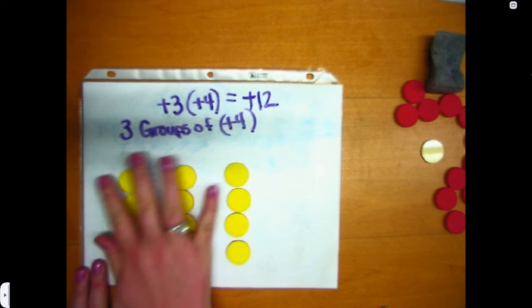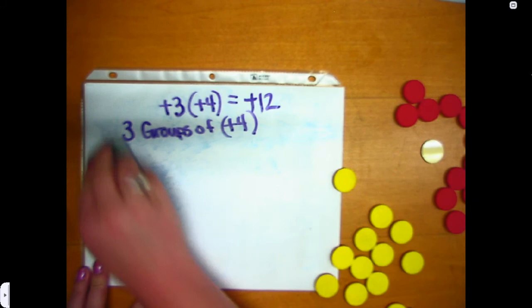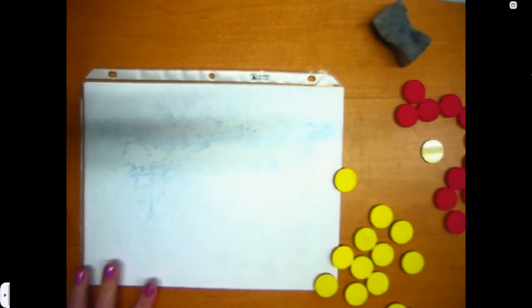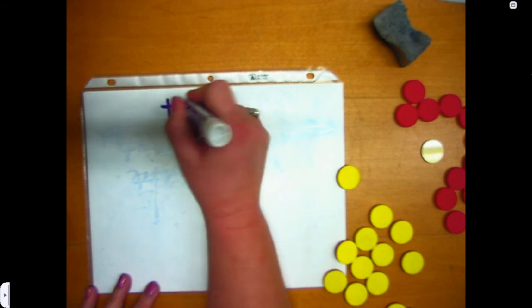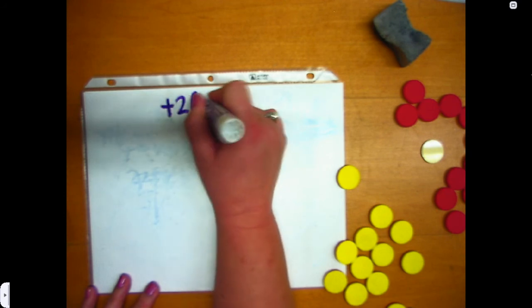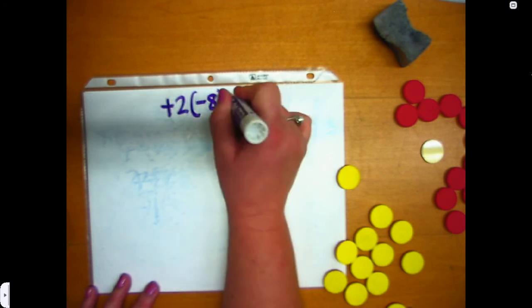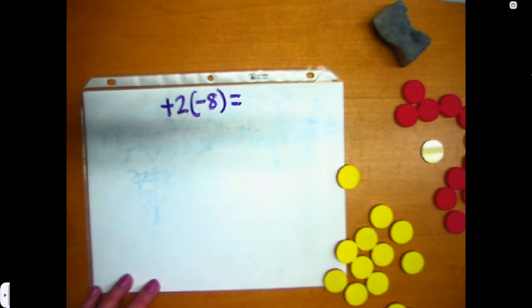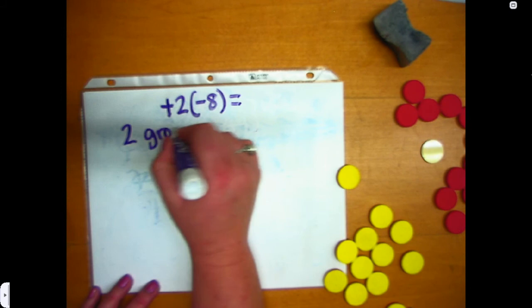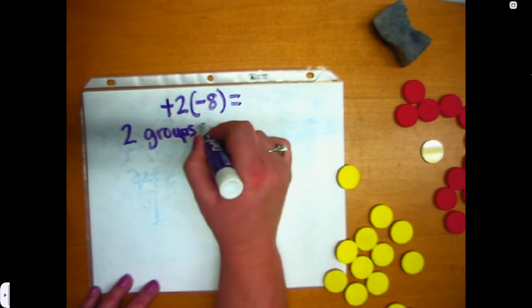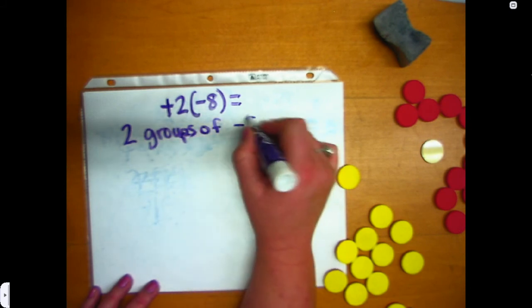Let's try another one. This time let's do +2 times -8. This means two groups of -8.